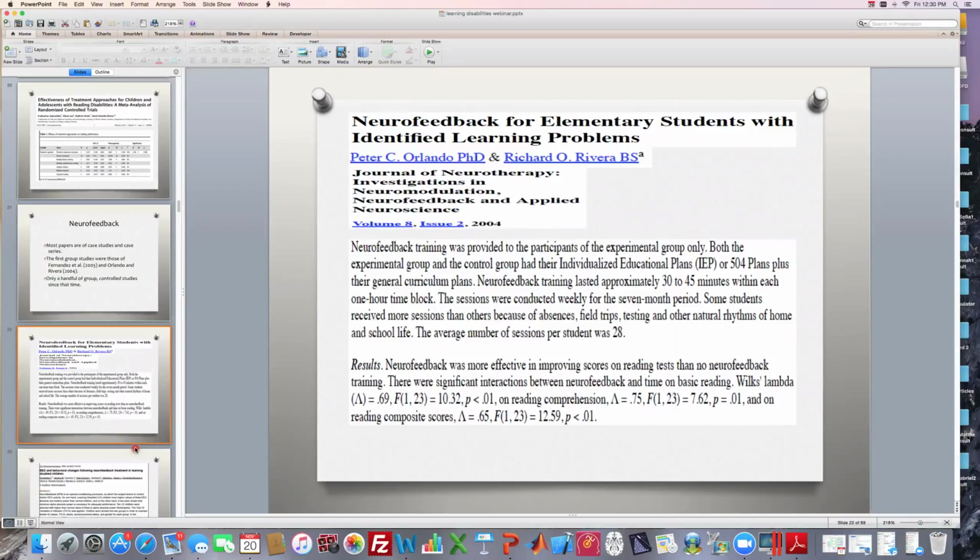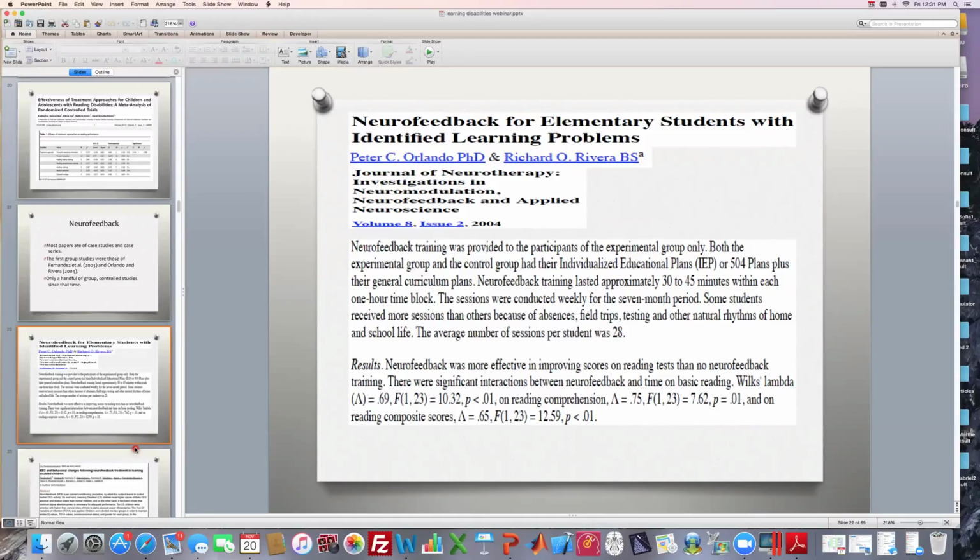They did neurofeedback on their subjects. They had an experimental group which received neurofeedback and a control group which had their education as usual. Neurofeedback was based on their written explanation of QEEG findings. From the reading of the study, it looks like they did power training, although the details of that are not readily available.